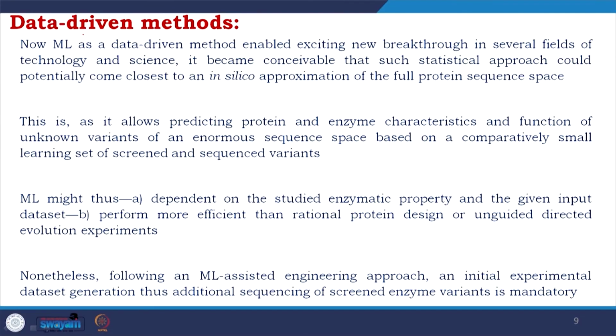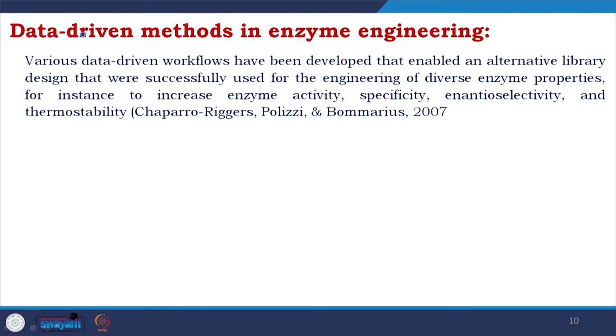Nonetheless, following an ML assisted engineering approach, an initial experimental dataset generation, thus additional sequencing of screened enzyme variants, is mandatory. Various data driven workflows have been developed that enabled an alternative library design that was successfully used for engineering of diverse enzyme properties, for instance to increase enzyme activity, specificity, enantioselectivity and thermostability.